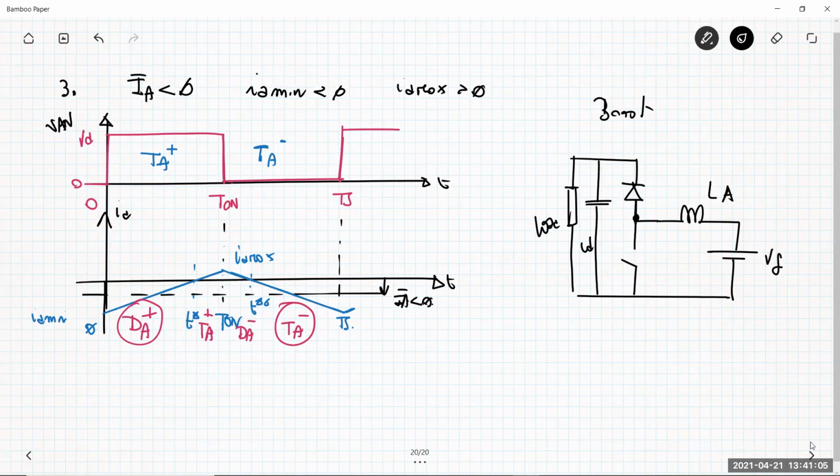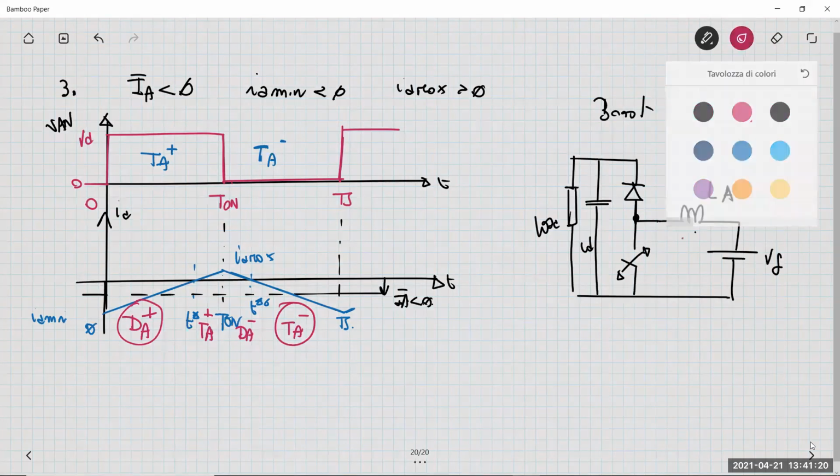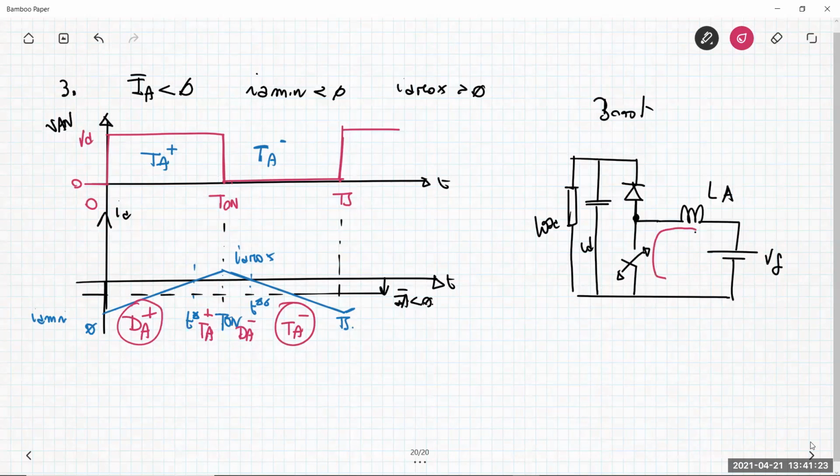Okay, this is the circuit in which you have the switch here, and the diode is there. So it happens that when the switch is on, the current flows exactly in this direction, so it is negative, so it's here. The A minus on, so it is here. And when the switch is off, so when TA minus is off, the current flows here toward TA plus, so it is here.